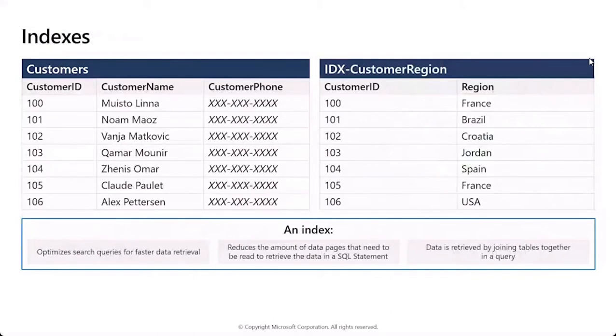The index at the end of a book helps you find certain pages relating to certain topics or subjects, so that when you want to find a reference to a particular topic or subject, you simply have to look it up in the index at the end of the book and then go to that specified page number. Imagine that you didn't have this index. To find out about a particular topic or subject, you'd have to read through the entire book to be able to find that information out.